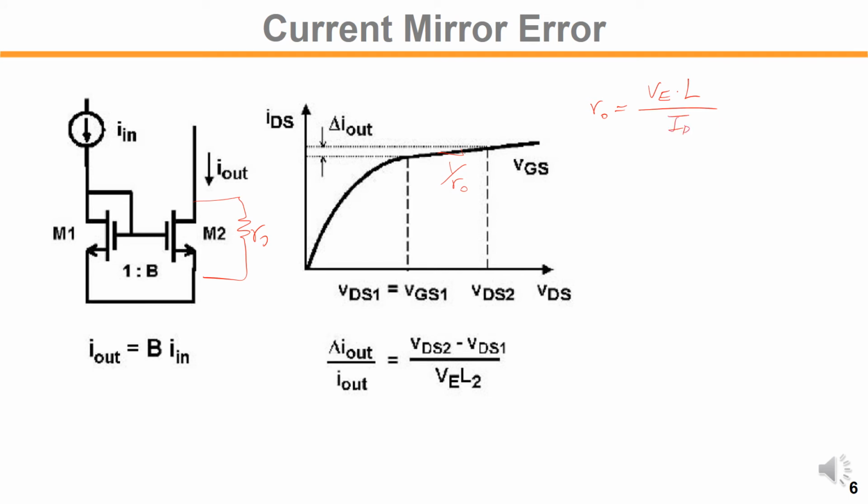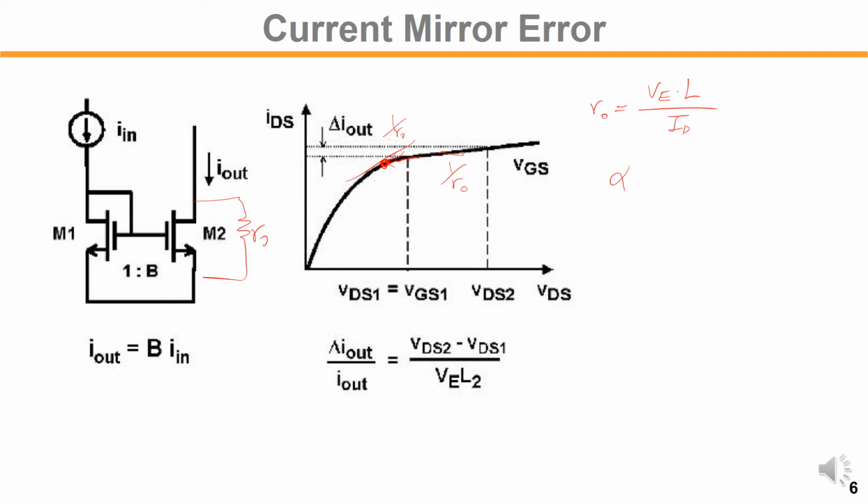So if you write more in detail, the RO is also a function of VDS, so with higher VDS it might have a larger RO. If the VDS gets closer to the triode boundary, then the slope RO will go down, right?